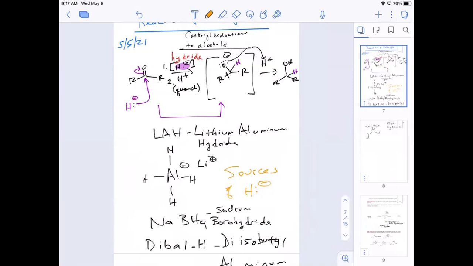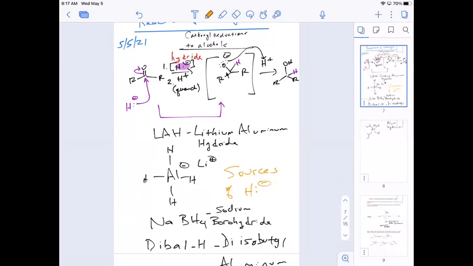So with those carbonyl reductions, when you see any of these reagents, LAH, NaBH4, DIBAL, in the presence of a carbonyl, it's automatically understood that that's going to be a reduction. And you always have to have that second, quench step.